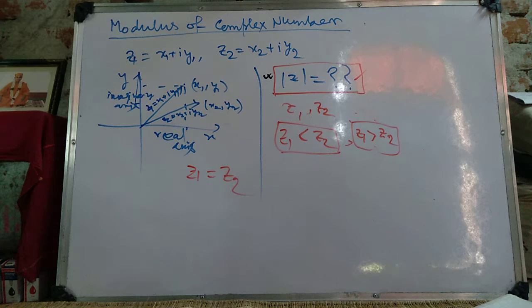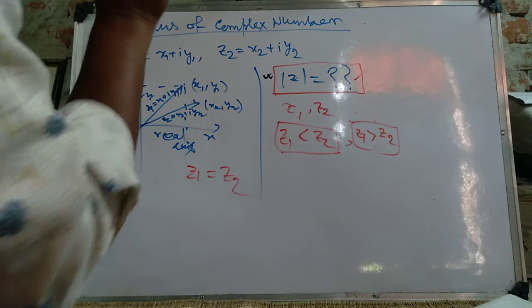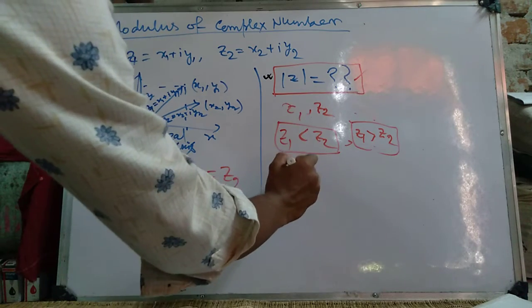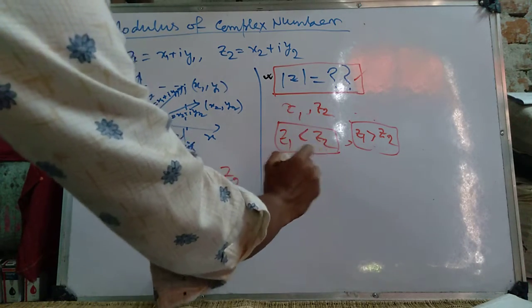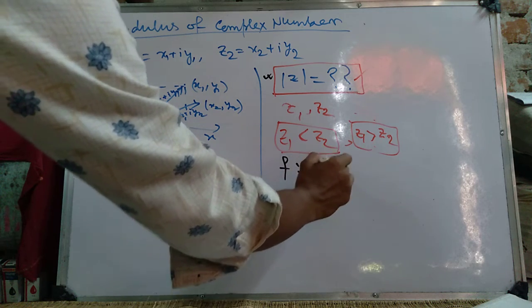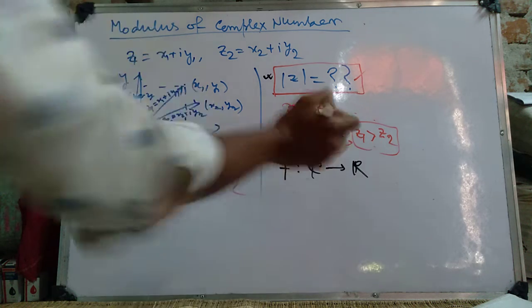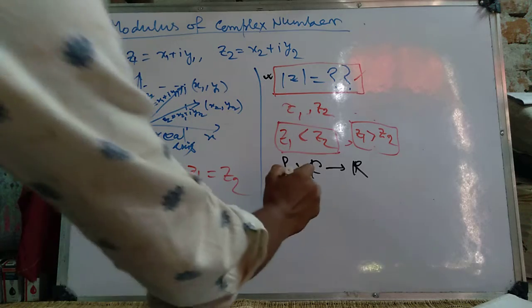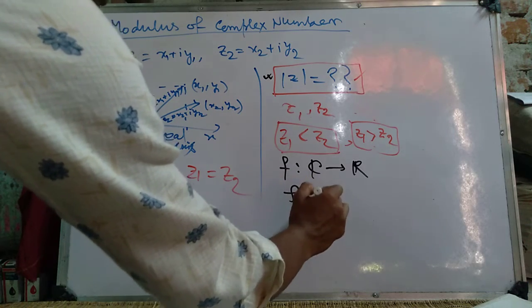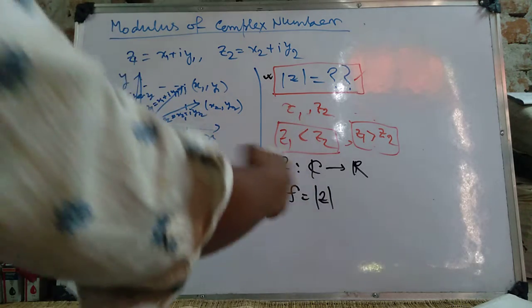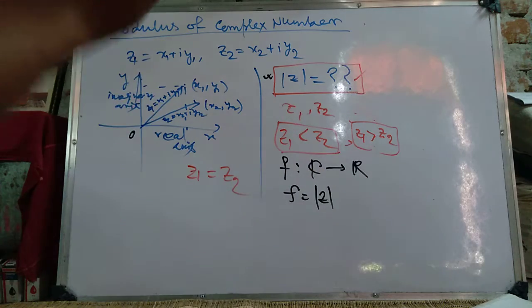The modulus also tells which number is closer to the origin, denoted O. If we write f equal to the modulus function, it maps complex numbers to real numbers. We denote it as f equal to modulus of z. This gives one real number.